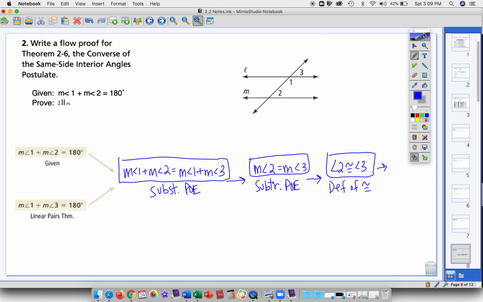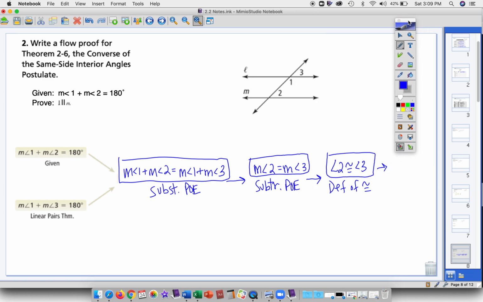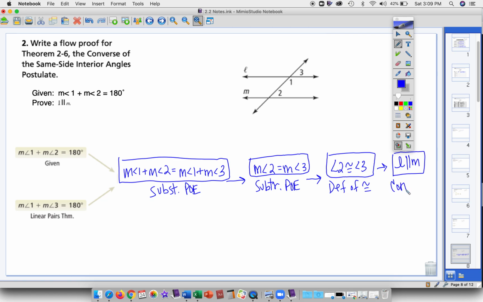And then lastly, we can say that line L is parallel to line M, and that would be based on the theorem for this angle pair, which is the corresponding angles converse.